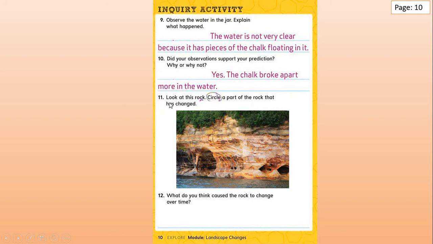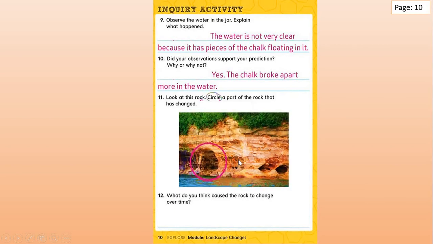Question number 11. Look at this rock. Circle a part of the rock that has changed. What do you think, grade 2? What about this part, this part, this part, this part, and this part? What do you think?